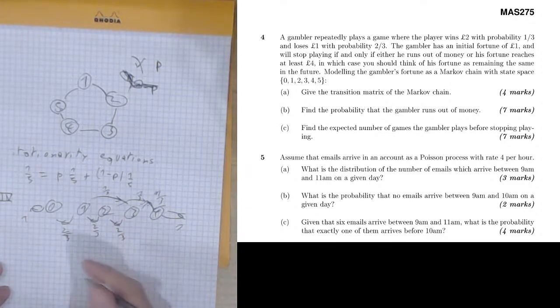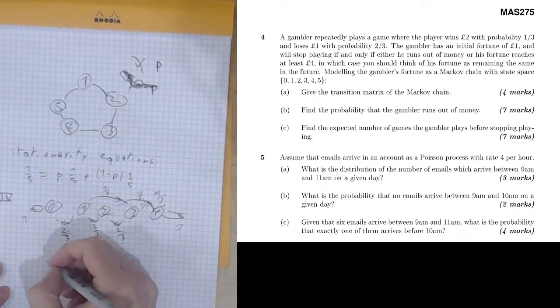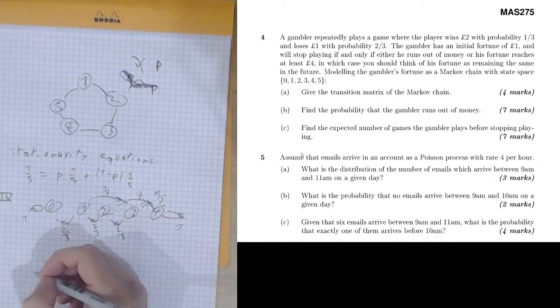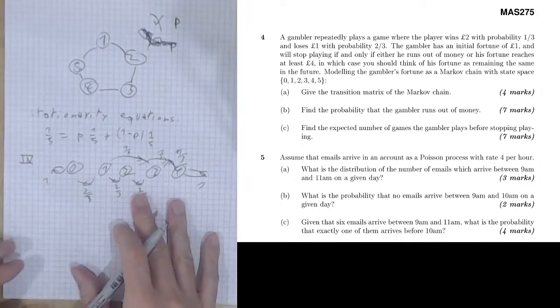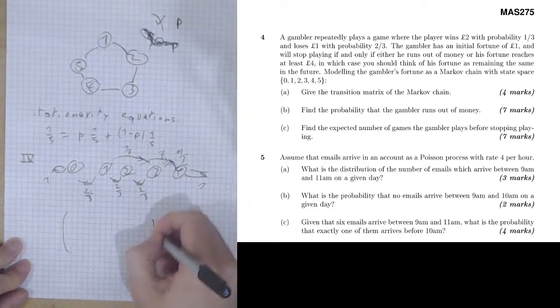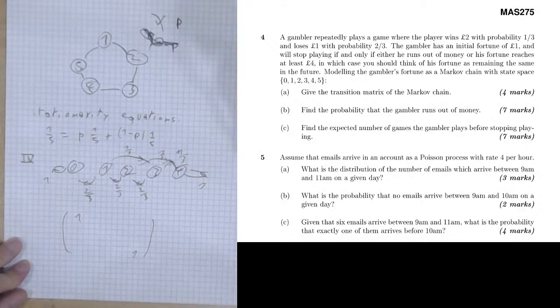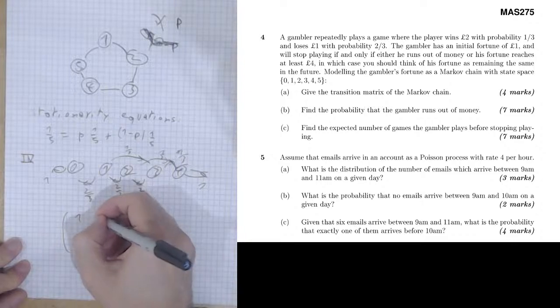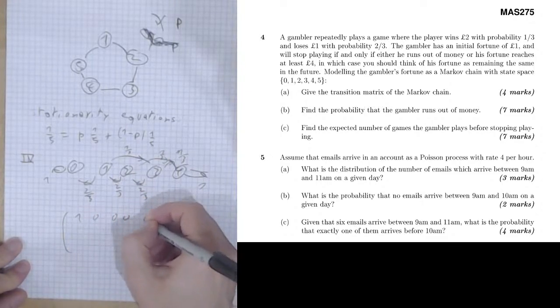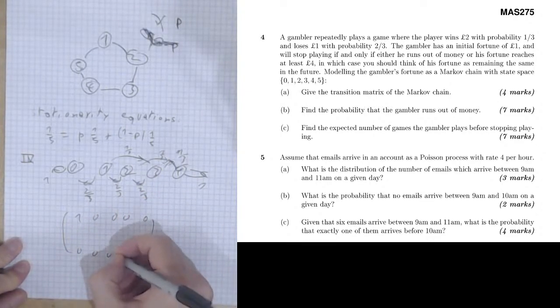So 0 is a state, so let's be careful, but there's 5 rows, 5 columns. So in the transition matrix there'd be 1 here, 1 here, and zeros.